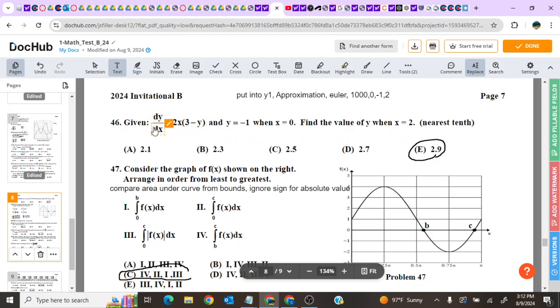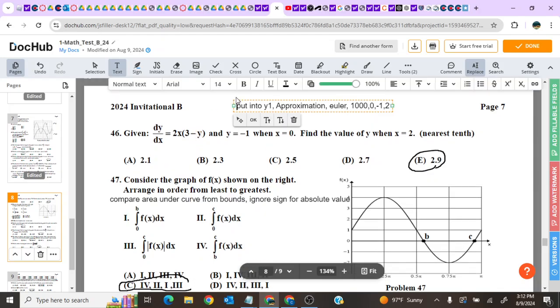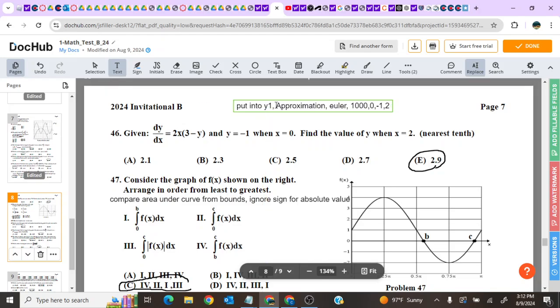That means you can now take the integral of both y and x and do all that stuff. Or you can use an approximation method with 1,000 steps. I'll let you choose. I personally choose the approximation method, especially when all these answers are so far away. So y1, approximation, Euler, and then 1,000 steps, starting at x equals 0, y equals -1, and looking for x equals 2.